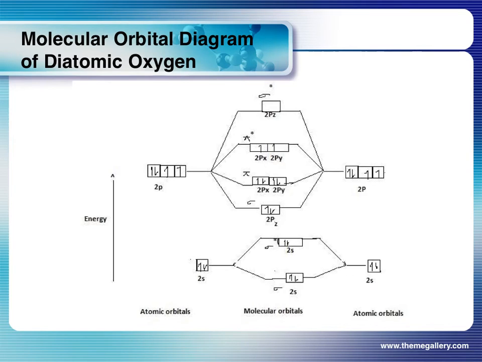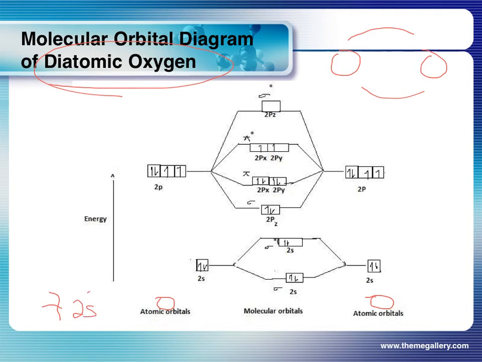All right, so we're going to look at the molecular orbital diagram for diatomic oxygen, which is oxygen, oxygen. So imagine two oxygen atoms getting closer together, and you have one oxygen atom on each side. If you drew out its electron configuration, its valence electrons would be 2s2, 2p4.